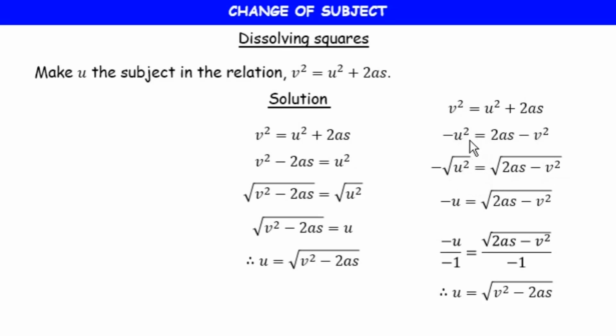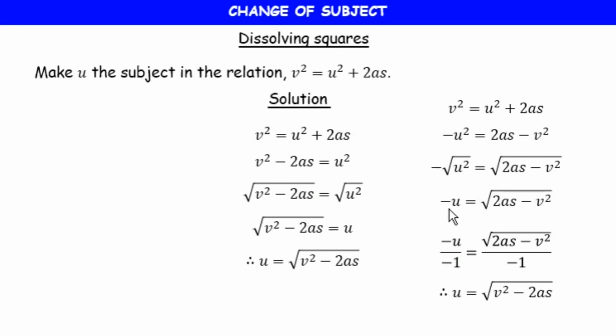Because you want to eliminate the squared, you're going to find the square root of both sides. So you're going to have the square root of u squared is equal to the square root of 2as minus v squared. In the end, you're going to have negative u is equal to the square root of 2as minus v squared. Now, you were told to make u the subject, not negative u.